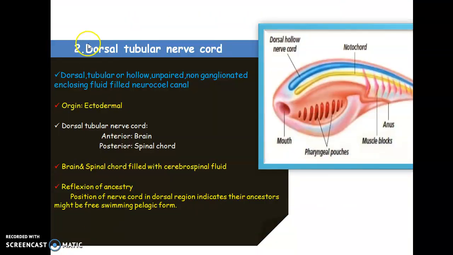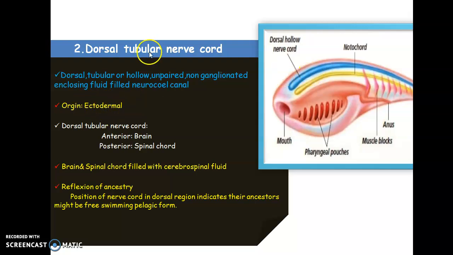Then comes the dorsal tubular nerve cord. This is the dorsal tubular nerve cord. It is found just above the notochord, and it is hollow, unpaired, non-ganglionated. And this tubular structure encloses a canal that is called neurocoel, and they are strictly ectodermal in origin. So from which layer?